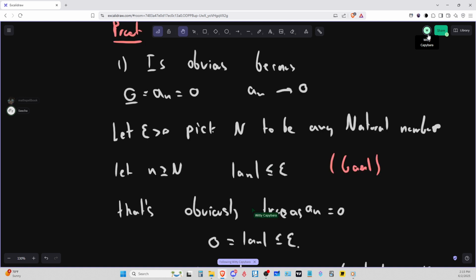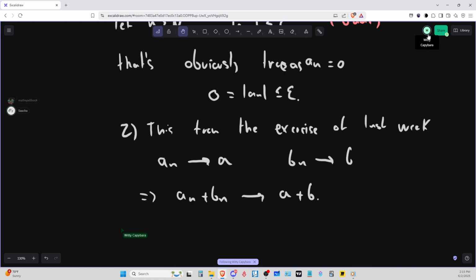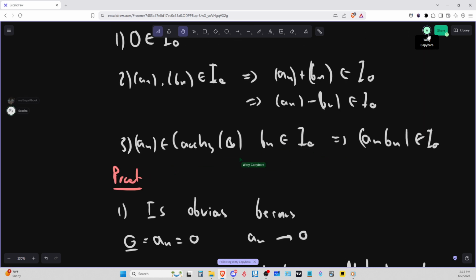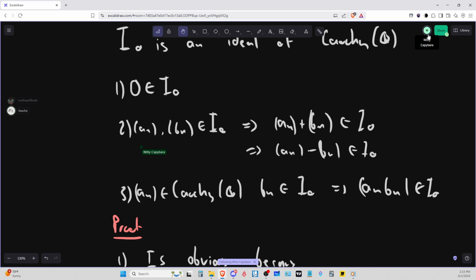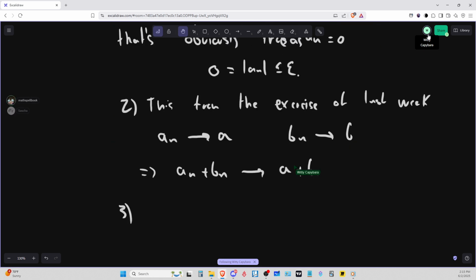So 2 is just part of the exercise from last week. And the third one is probably the one where we have a little to show. The third one will, in part, be part of this week's exercise, but I have yet to do those, so we'll save those for the exercise portion.